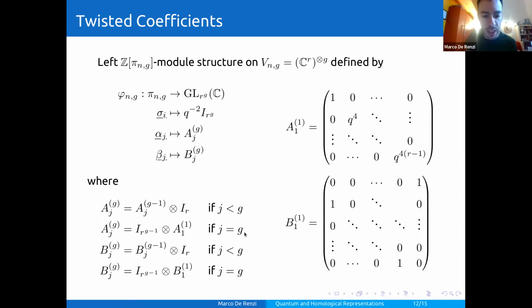And when J is exactly equal to G, you should take the identity on the first G minus 1 components and then tensor by A1. And the same for B. Anyway, again, not all the details are important, but we have a very explicit definition.